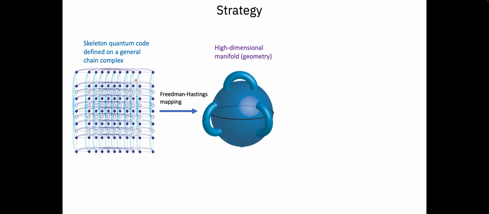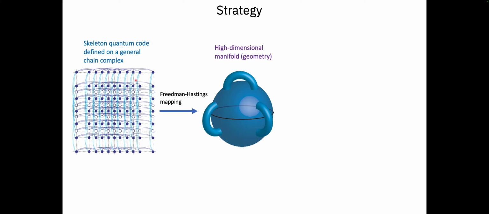So here is our strategy for how to build this type of CW complex. We start from a skeleton quantum code defined on a general chain complex, which looks like this. Then we use a mapping discovered by Freedman and Hastings 5 years ago to map this type of chain complex to a higher dimensional manifold, such that you build up an exotic geometry.